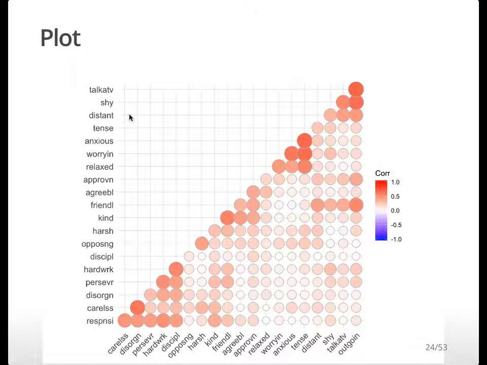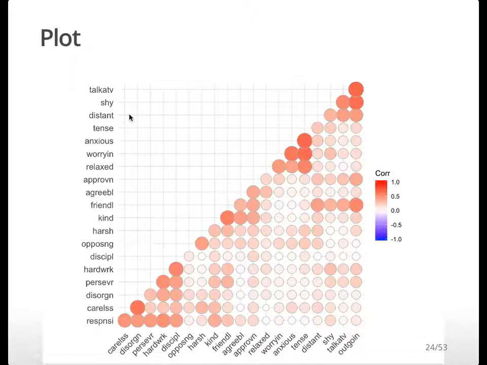Basically, just to show you, you can make a pretty picture that visualizes the strength of the association between the things. The size of the bubbles and the color of the bubbles indicate how strong the relationship is. So, not surprisingly, if people are very outgoing, they're also very talkative. They're associated with shy, but that's not in blue because it's negative.